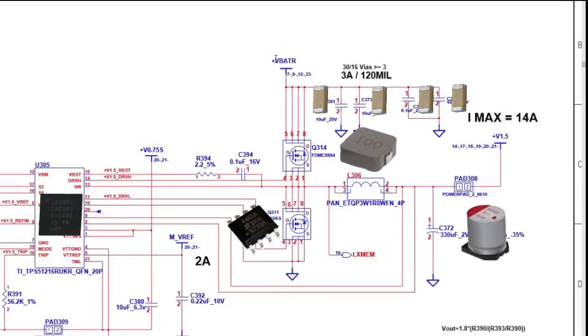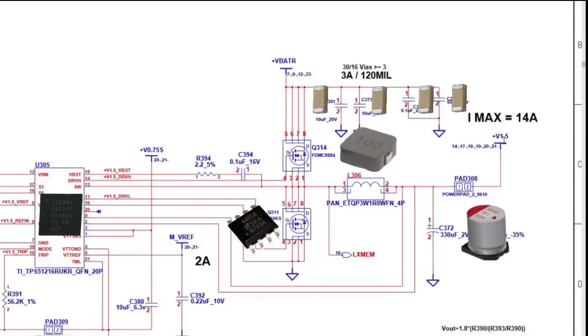We will get plus VBAT, as you can see. So this is the first part where we have high voltage, plus VBAT, about 19 volts. And we have the second part where we have low voltage, about 1.5 volts.